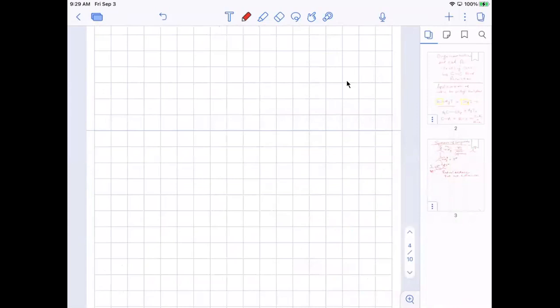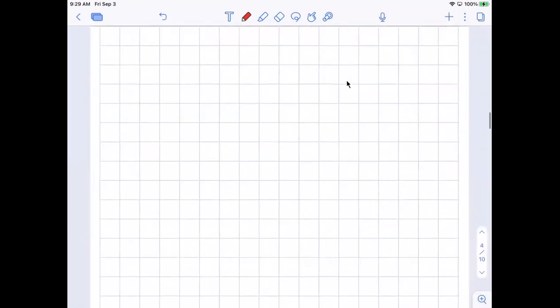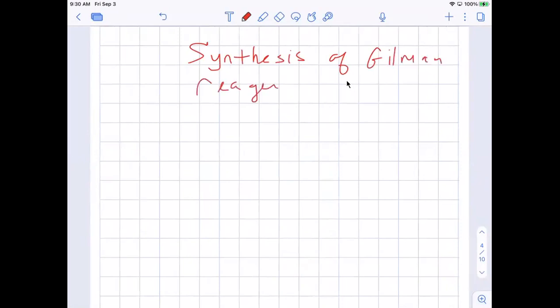So I'm just going to add a new page for that. All right, so the Gilman, again, it's a copper organometallic, but you start with an organolithium.